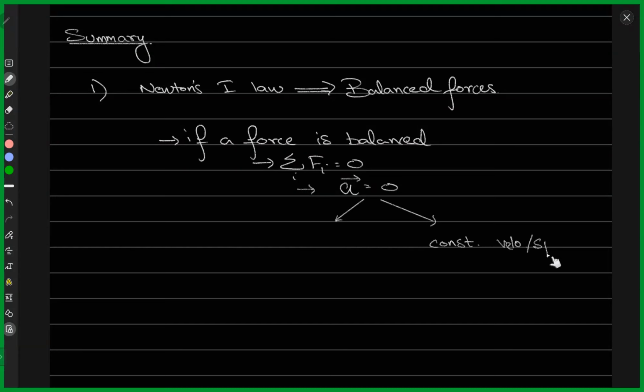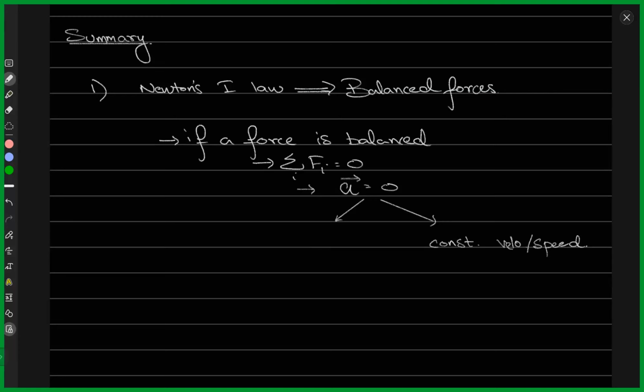What could be the other conclusion if I just tell you that the system is not accelerating? There are two things you can conclude from this statement. One, some of you may say that it has constant velocity or speed. That's correct. What could be the other possibility?